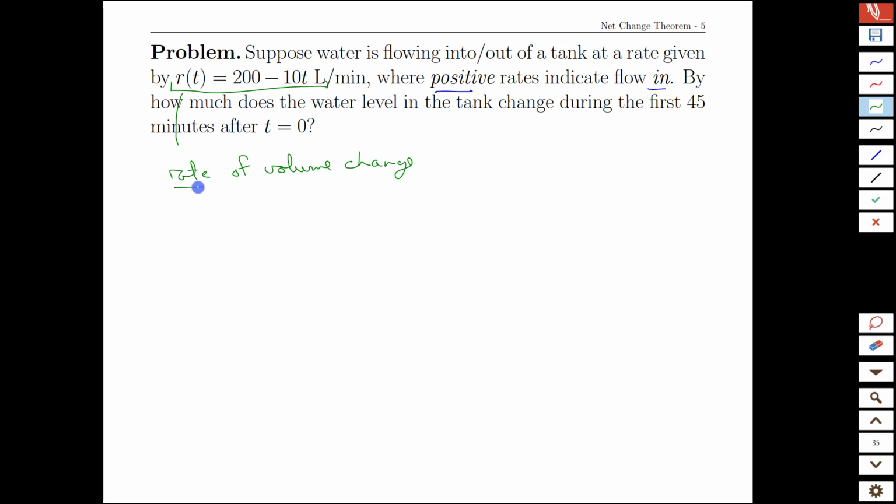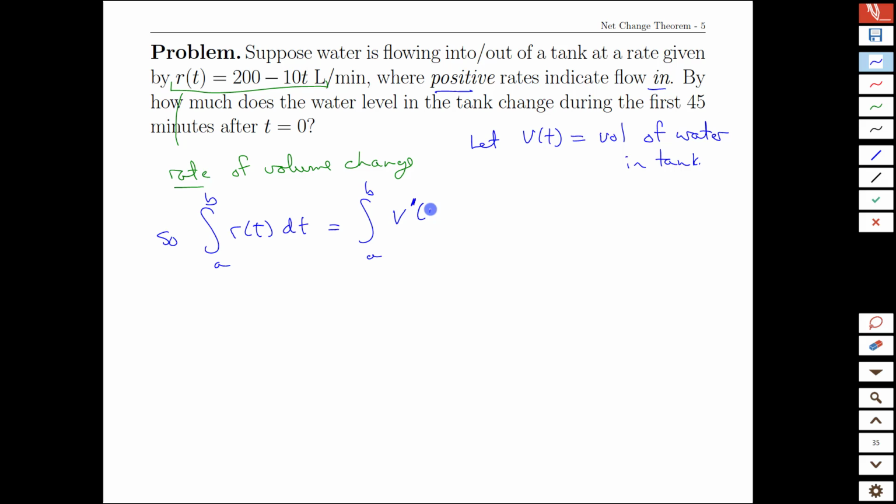And so if we integrate that, let's do this in blue, the integral of r of t from, let's call it a and b for now, is equal to the integral of the derivative of the volume. So let v of t equal the volume of water in the tank.